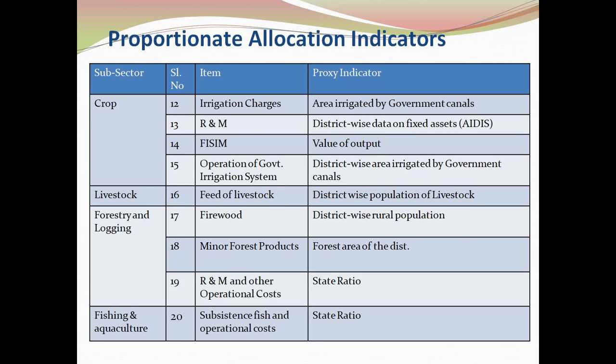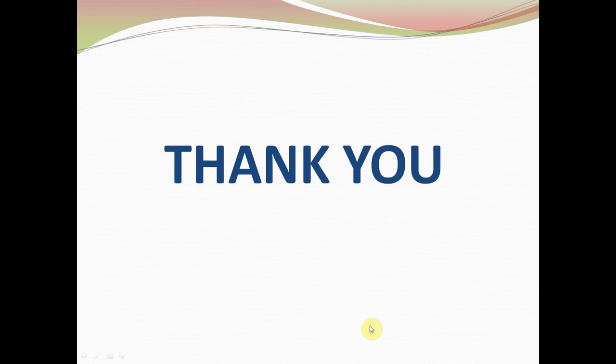District wise rural population is used as indicator for firewood. For minor forest products, proxy indicator is forest area of the district. For repair maintenance of other operational costs, state ratios are used. For subsistence fish and operational costs, state ratios are used.